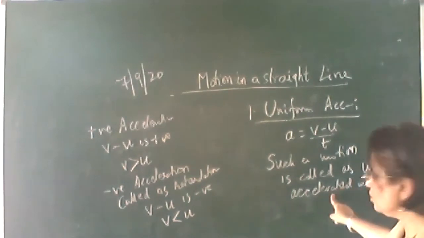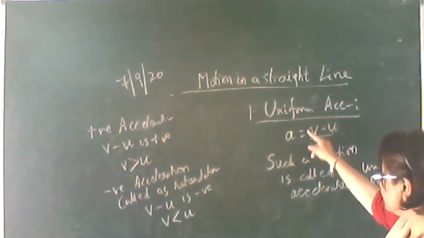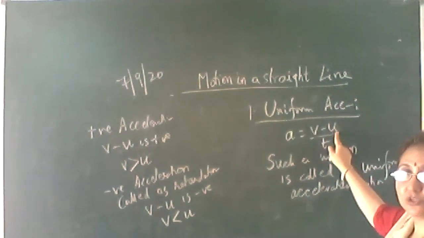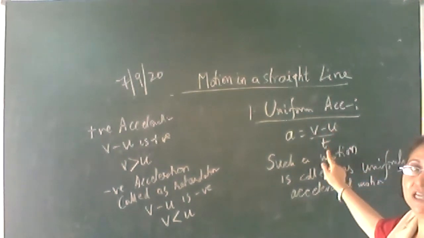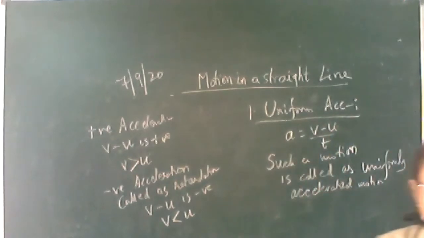This motion is uniformly accelerated motion. The body is moving with some acceleration, but that acceleration is constant. That is, the v minus u is changing equally in equal intervals of time. So this uniformly accelerated motion is non-uniform motion.